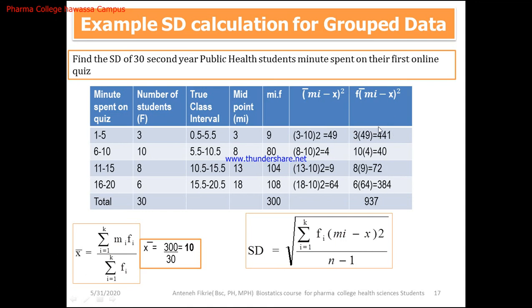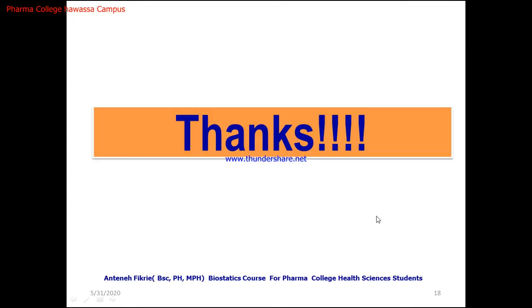Then finally you can obtain the total, 937. Then divide by n minus 1. Here n is 30, and 30 minus 1 is 29. Then you can obtain the final result by taking the square root.